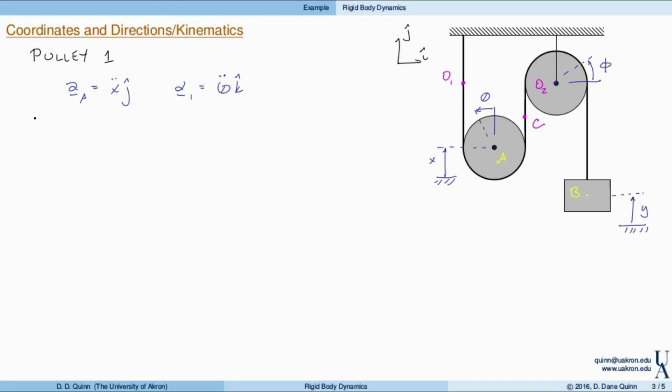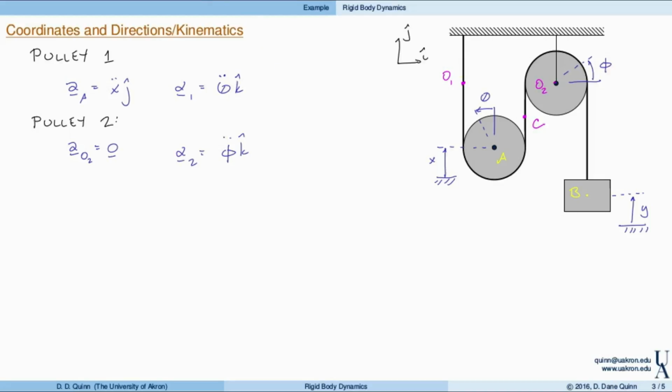For pulley 2, notice that the acceleration of the center of pulley 2, so that would be A_O2, is equal to 0, because this point O2 is fixed in the ground. Then, the angular acceleration of pulley 2 is phi double dot in the k direction.